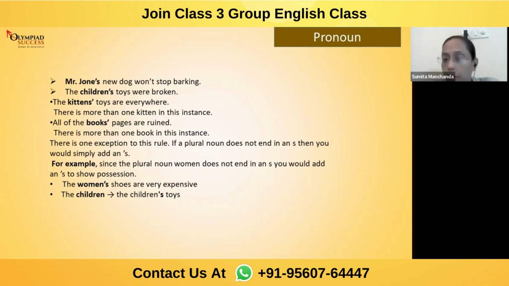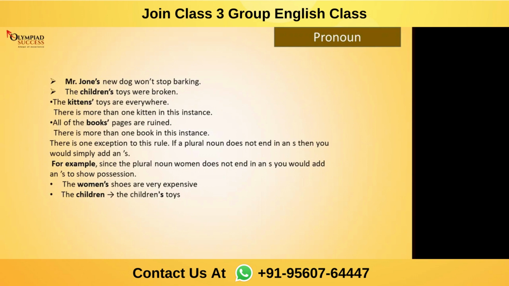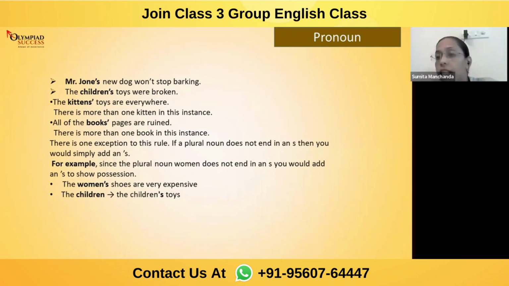Now there are a few exceptions to the rules. As I have already said, child becomes children, woman becomes women. But we never say childrens or womens, never. But when we are talking about the woman's shoes are very expensive, we are speaking like this.